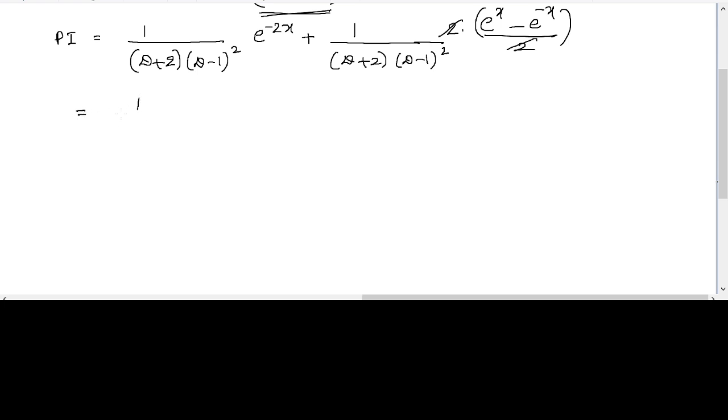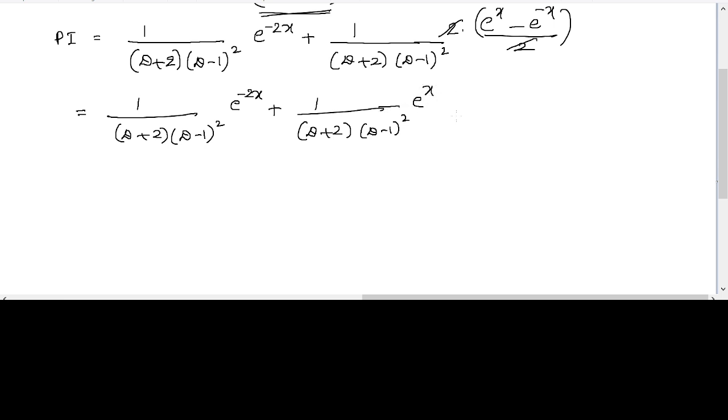That is given by 1 upon (D+2)(D-1)^2 of e to the power of -2x plus 1 upon (D+2)(D-1)^2 of e to the power of x minus 1 upon (D+2)(D-1)^2 of e to the power of -x. And here we need to operate each term separately.